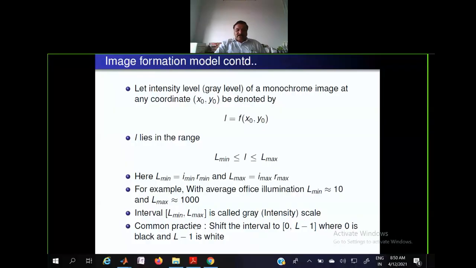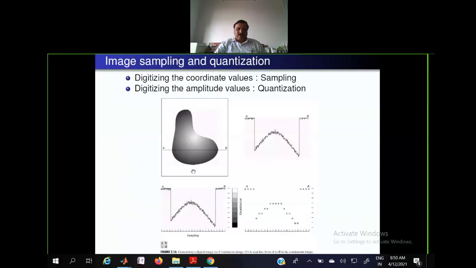Normally they will just shift it to the interval between 0 to L minus 1 where 0 is black and L minus 1 is white. So this is what in fact happens when you capture images by using some illumination.